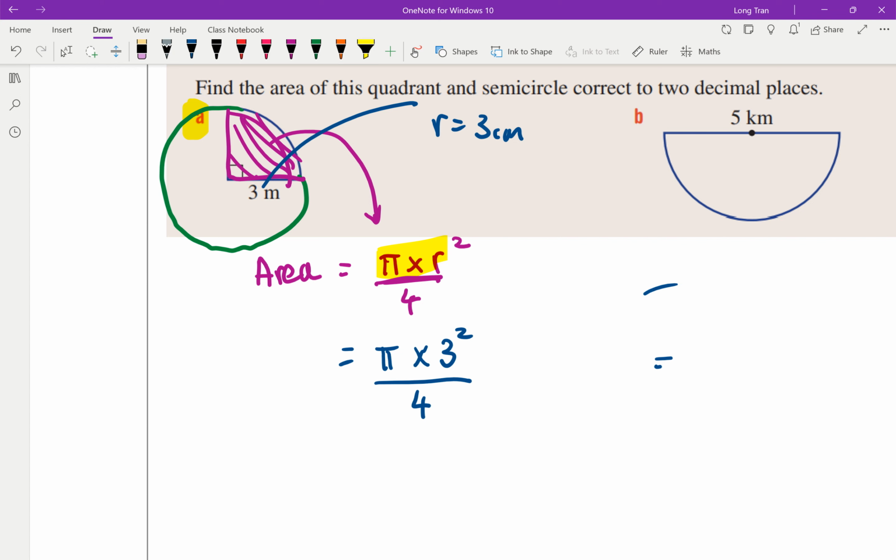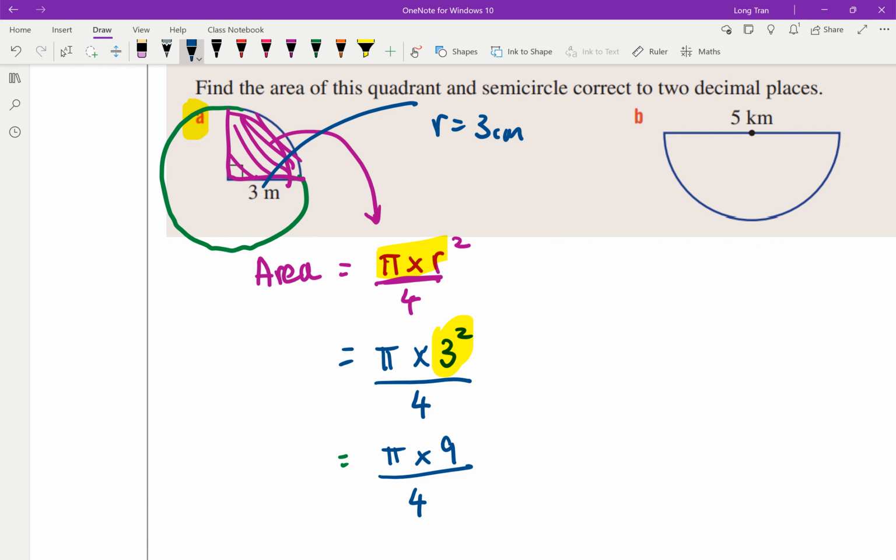So what you should be typing on your calculator is this one first. BODMAS. Indices come first before multiplication. So you should be doing 3 squared. And remember, squaring means times itself. So, very good, it should be pi times 9 divided by 4. And now that you've got rid of the square, it doesn't matter about the order.